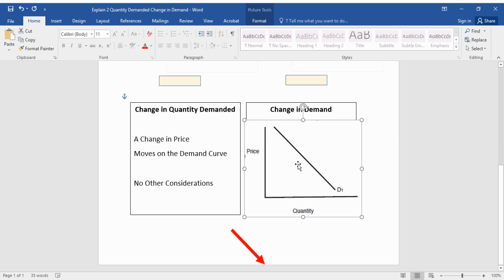Over here, we have the price of beef has decreased, but we're looking at the demand curve for chicken. If this said the price of chicken has decreased, we'd go down the line. But that's not what it says. It says that the price of beef has decreased. Now, if the price of beef decreases, more people will buy beef.